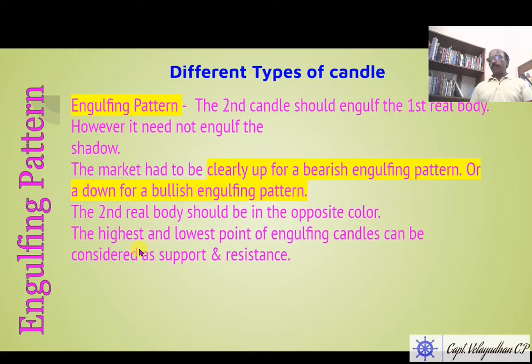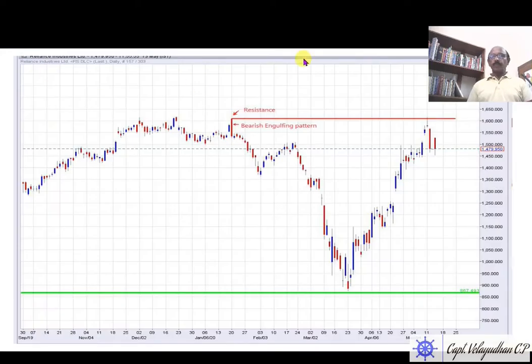The highest and the lowest point of the engulfing candle can be considered as support and resistance. This support and resistance we will be dealing with later. We will take an example here. This is a Reliance chart.